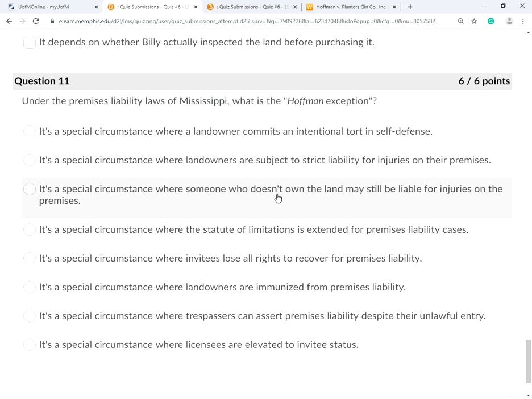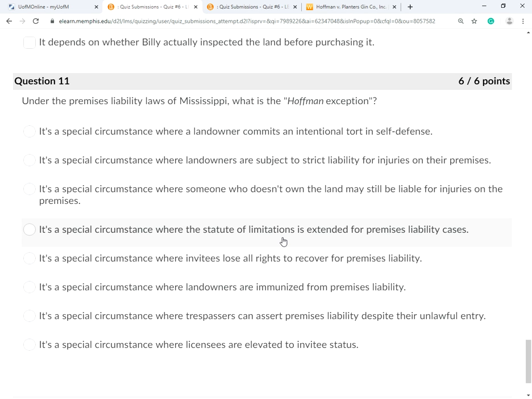Why would I be liable to the landowner if I did something to damage his property, but why would I be liable to, say, my buddy who goes onto the land with me and he falls and breaks his leg? Why would I be liable to him? So I didn't think this was the answer. I kind of dismissed it.